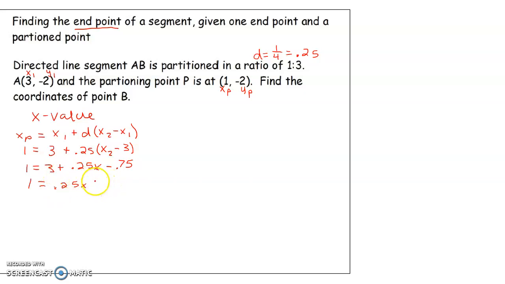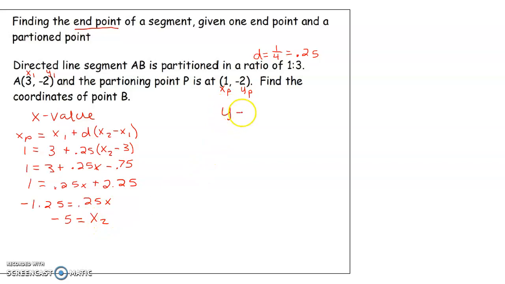And positive 3, negative 0.75 is plus 2.25. Subtract 2.25 from both sides. I get a negative 1.25 equals 0.25x. Divide by 0.25 on both sides, and I get a negative 5 equals my second x value.